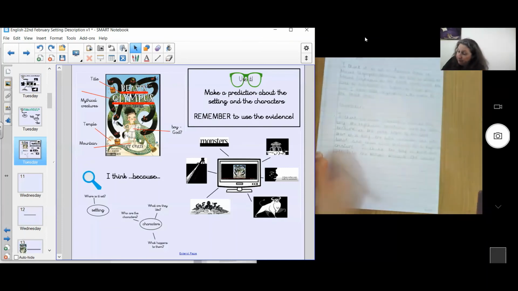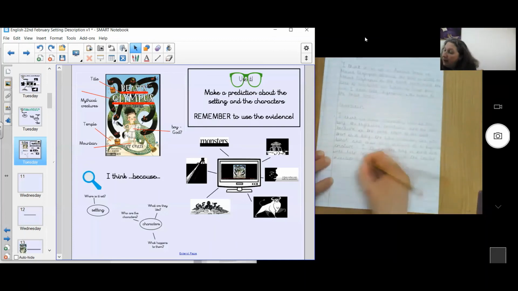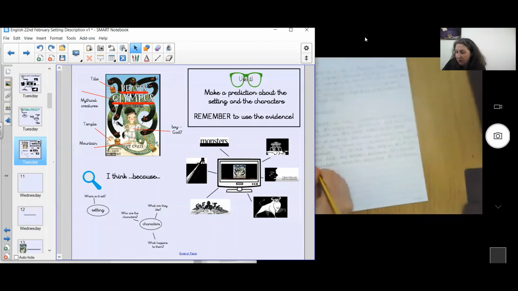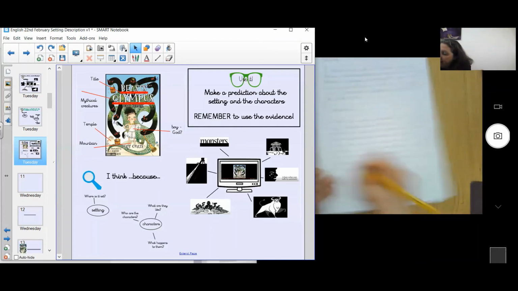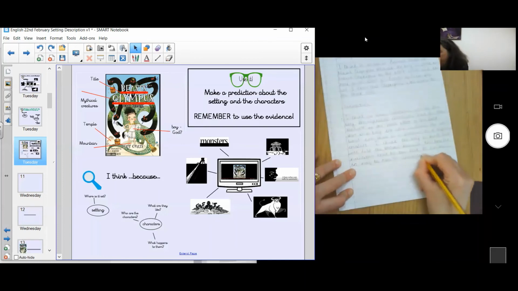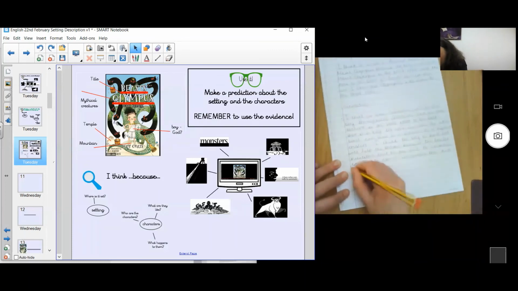So because the trailer mentions that he can talk to animals, so he may be able to understand them and help them.